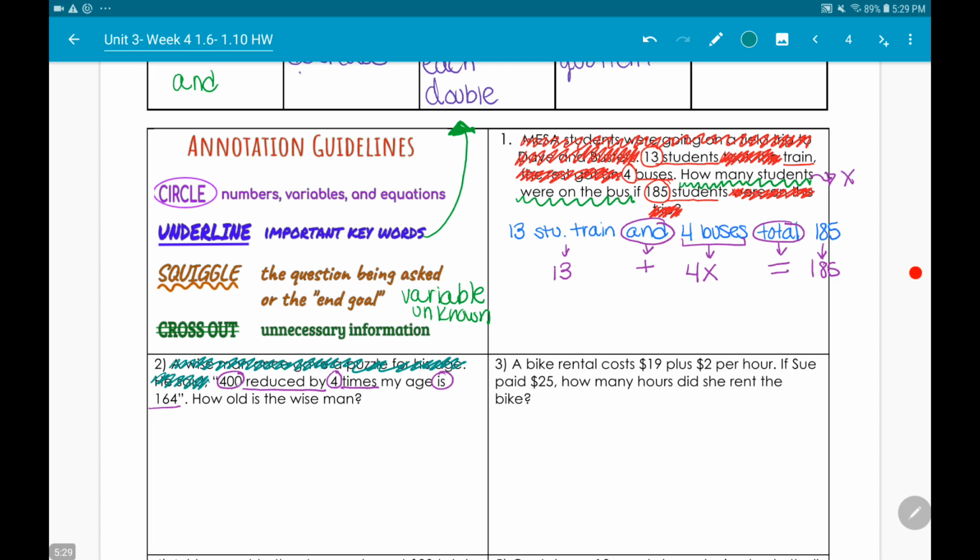He said 400 is a number, reduced by, important, times. And then how old is the wise man is the question. Okay, so my unknown is the wise man's age.